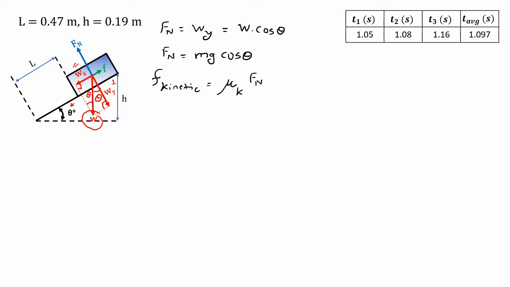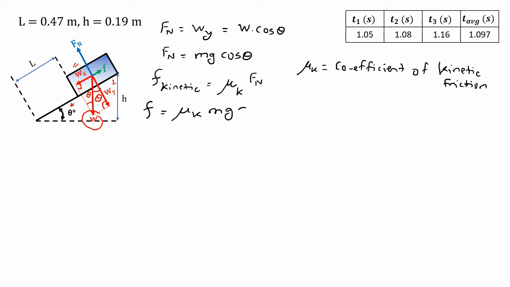So mu k here is the coefficient of kinetic friction, and calculating this is the goal of this lab. Now we want to know how much the coefficient is. So if we substitute Fn in here, we get friction equals mu k mg cosine theta.